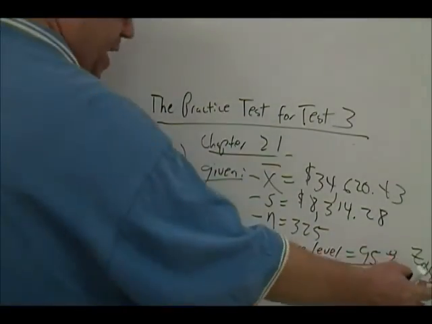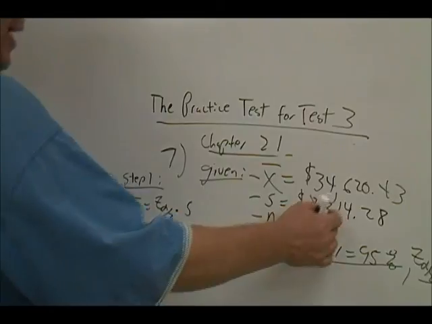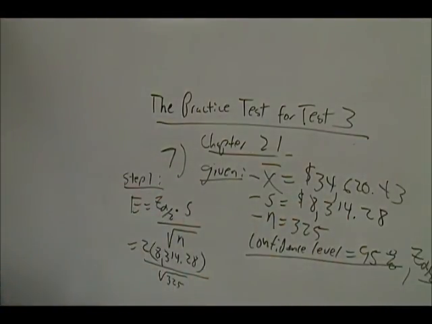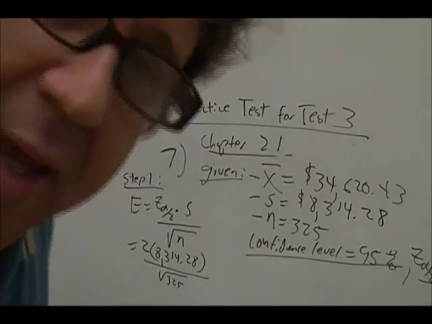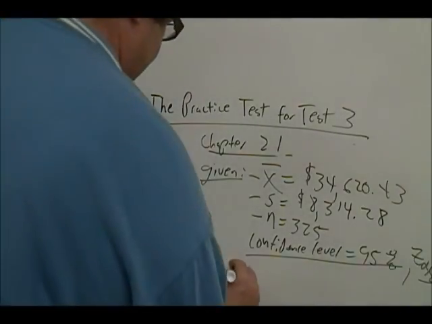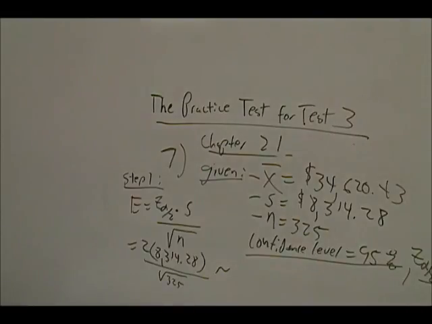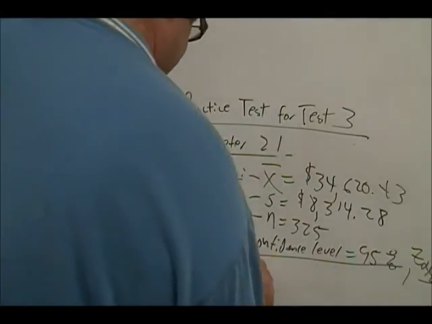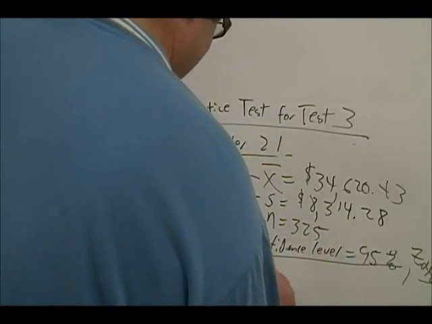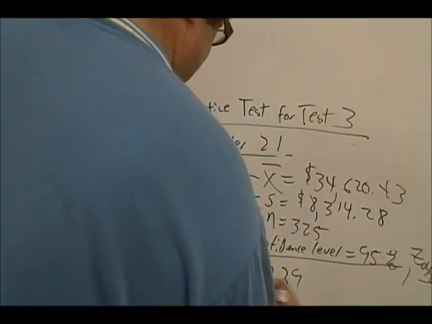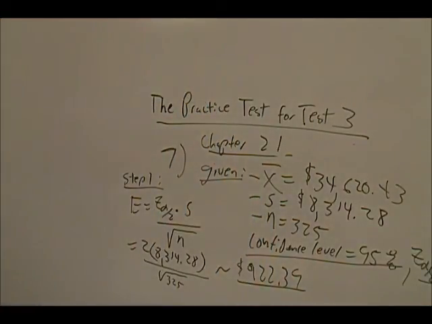We're only using the critical value, the sample size, and the sample standard deviation in this formula to get the error for this inferential study. And if you plug all that into your calculator, you get that the error comes out to be $922.39. So that's the error, $922.39.